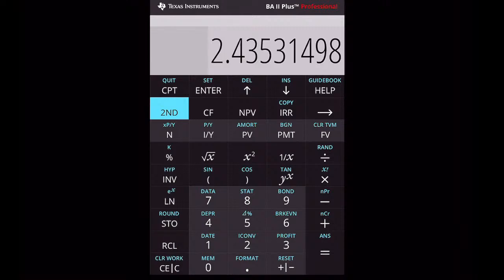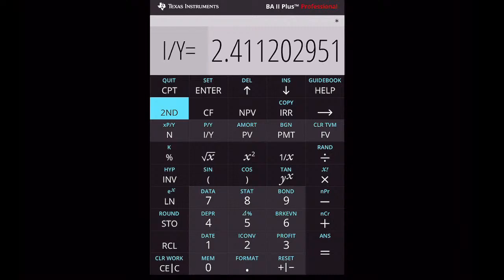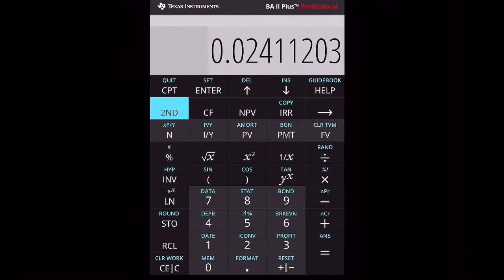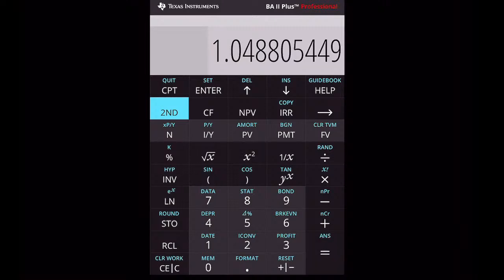Let's do compute I again. And then we're going to store it in 1 and divide by 100, sorry. Store it in 1 and then add 1, square it, and minus 1. And this is the effective annual rate, 0.0488.